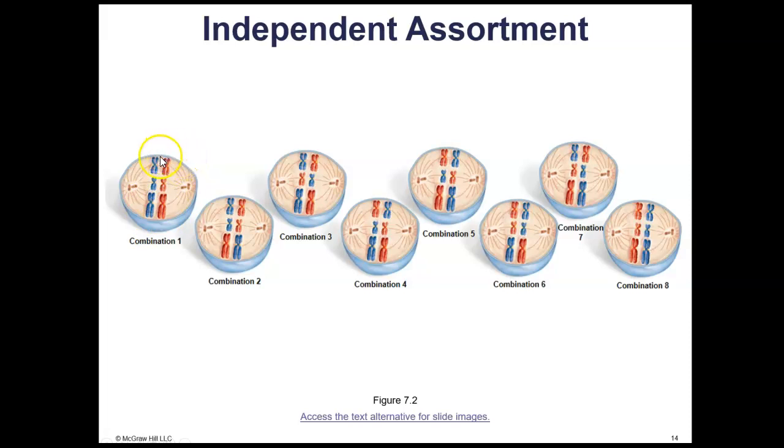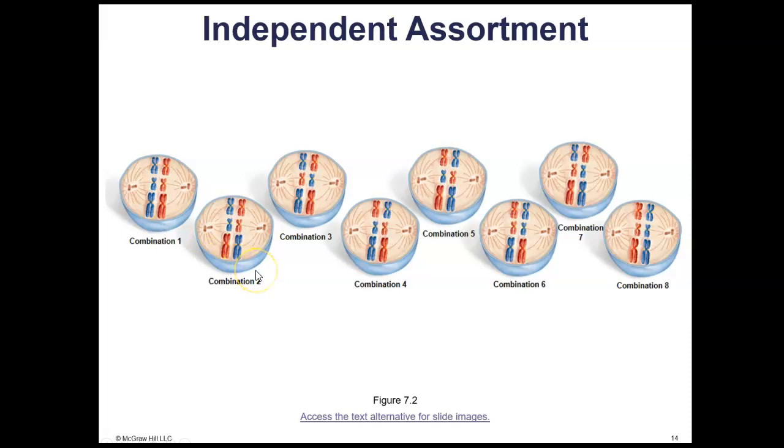All right, so if all the paternal or father's chromosomes lined up on the left, this would be combination 1, a possible orientation. And what that would show us is that the gametes that form, the egg and the sperm, would get either all 3 from the father or all 3 from the mother.